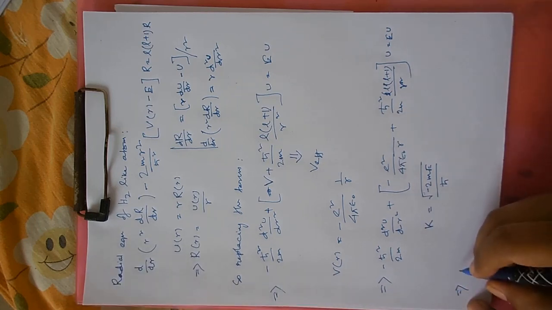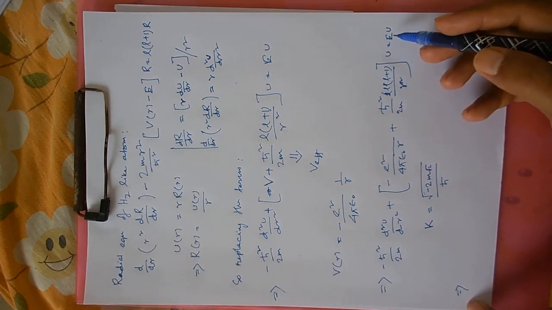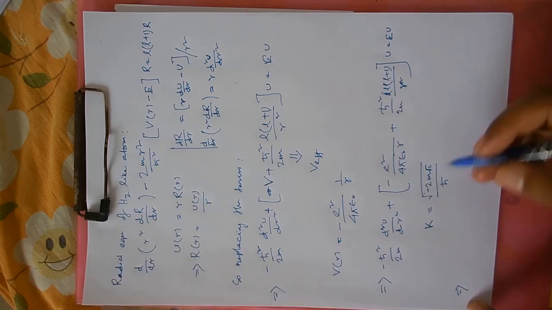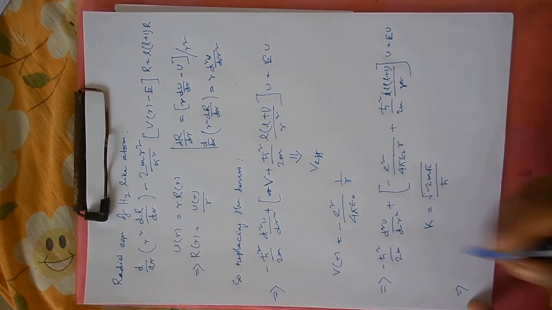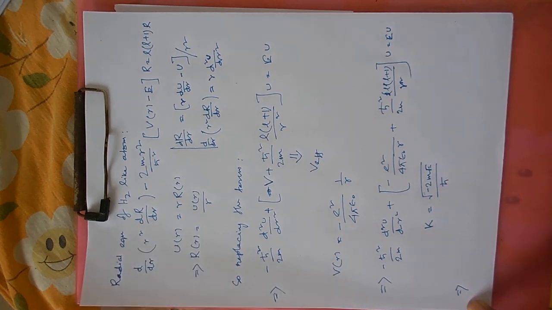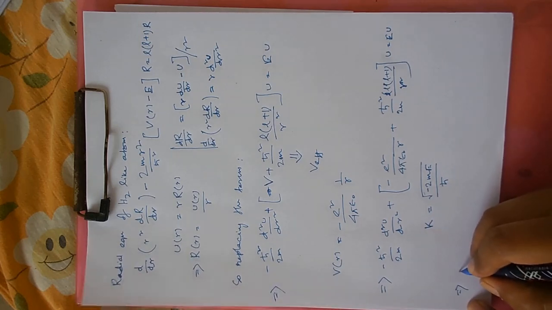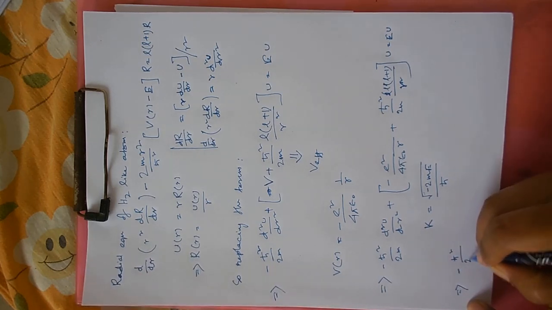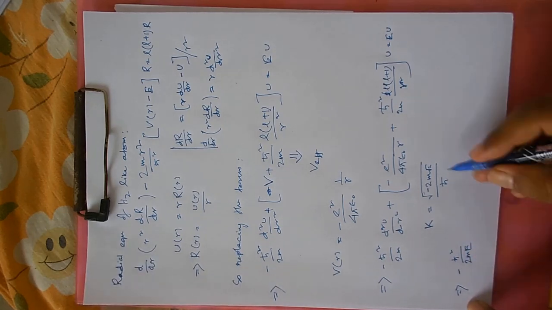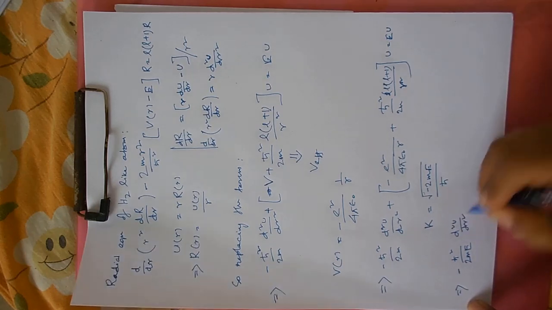I write d²u/dr² minus 2mE/ħ² times u. You can see something similar here, d²u/dr².